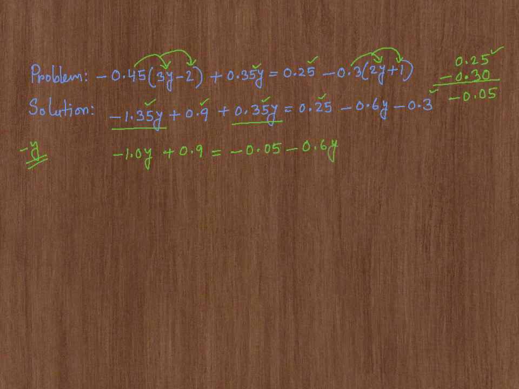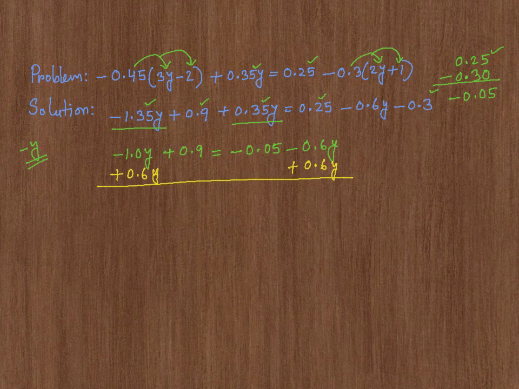At this point, I'm going to bring all the terms that involve y to the left. In order to do so, I add 0.6y to both sides. If I do so, on the left hand side, from negative 1.0y I add 0.6y.